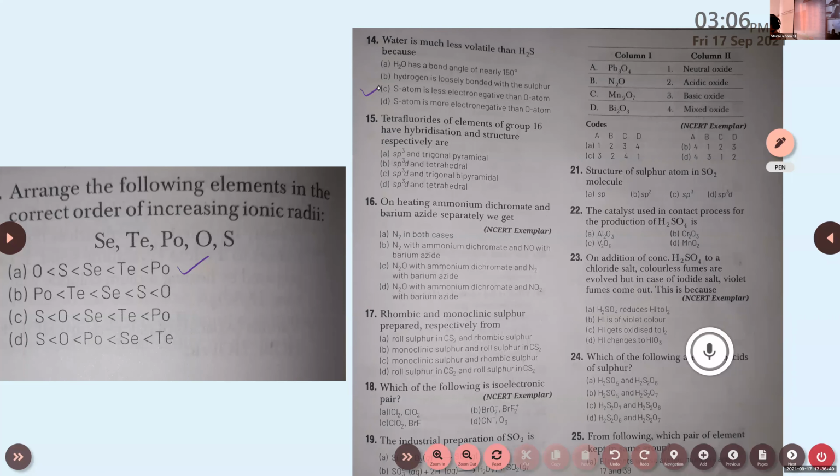The point about hydrogen bonding is on page number 187, last paragraph, anomalous behavior of oxygen. I will check that and inform you.